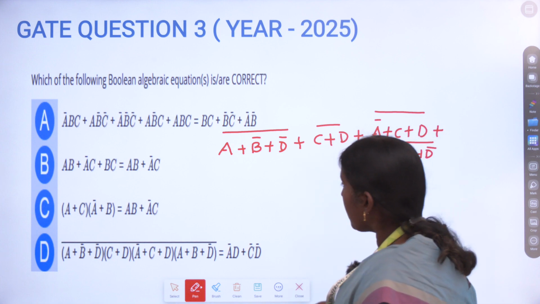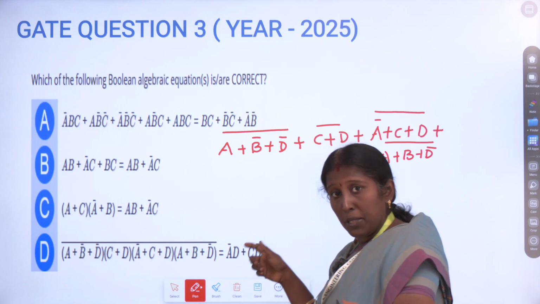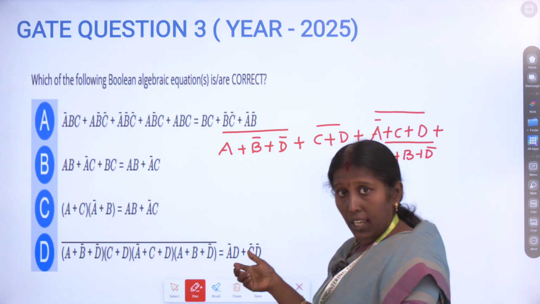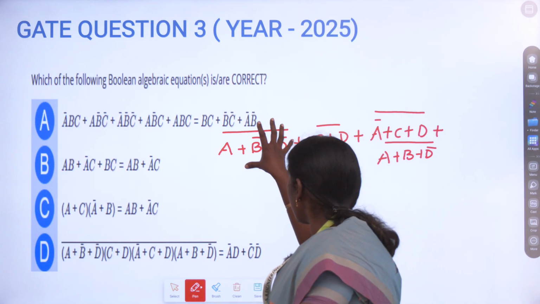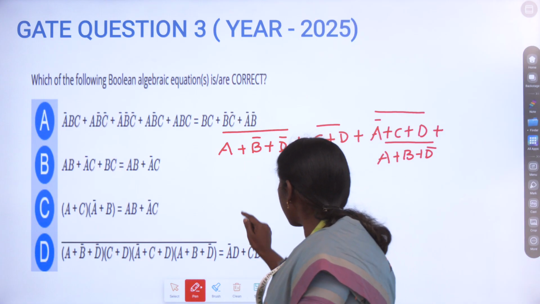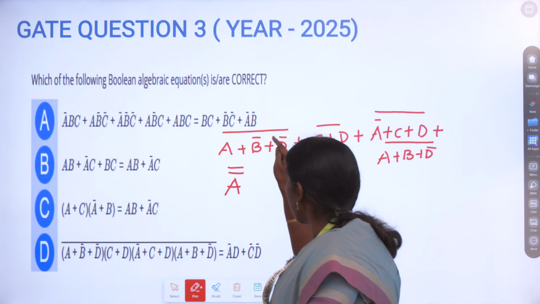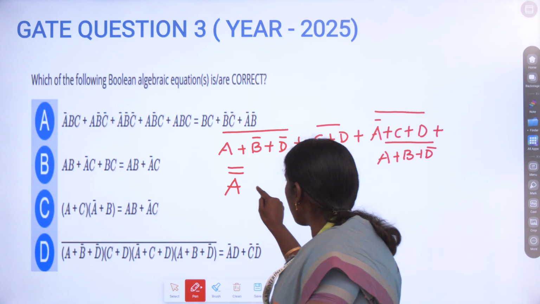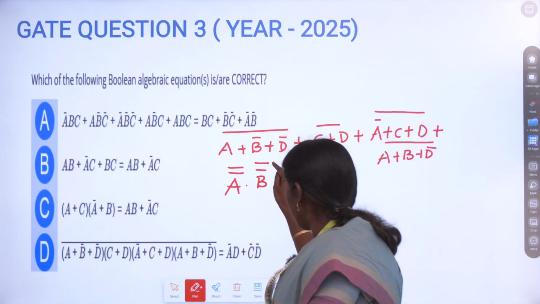Again, I can apply De Morgan's theorem. We know A plus B plus C the whole bar is equal to A bar dot B bar dot C bar. Using that we can expand this equation. So A bar as per the equation, double bar dot B bar the whole bar.